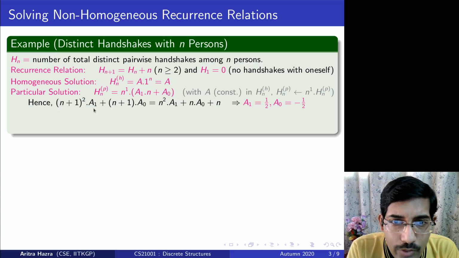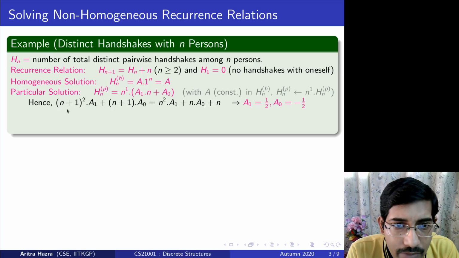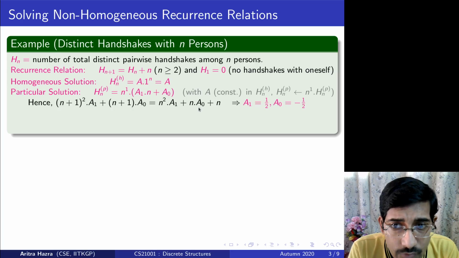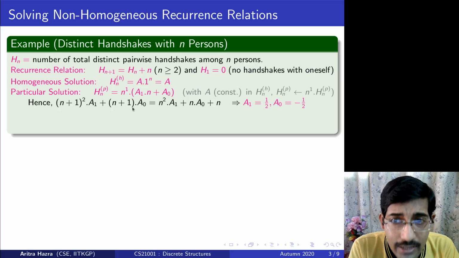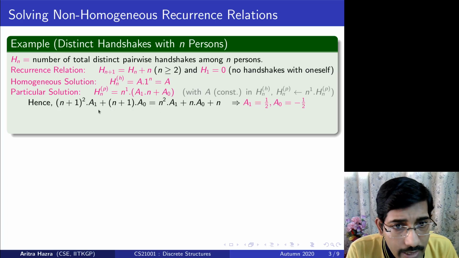Now how do we solve for two constants with the single one? Because here we will try to have the constant for n square equated with the right side constant for n square. The constants for n will be equated with the right side constants for n, and the single constants will be equated with single constants. But here we have a1 n square cancelled out, right?